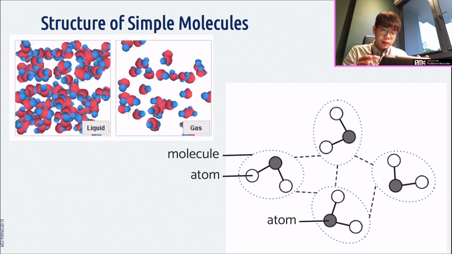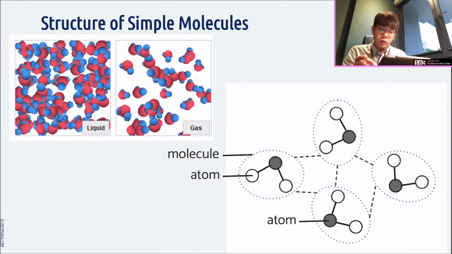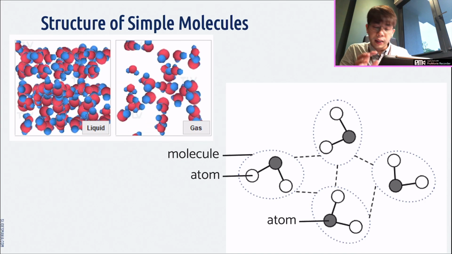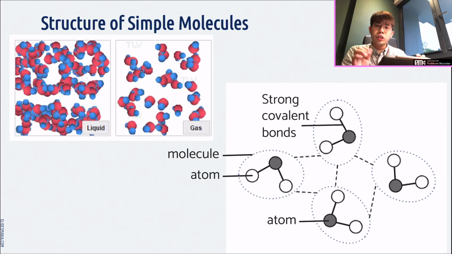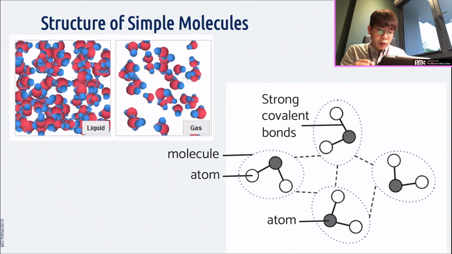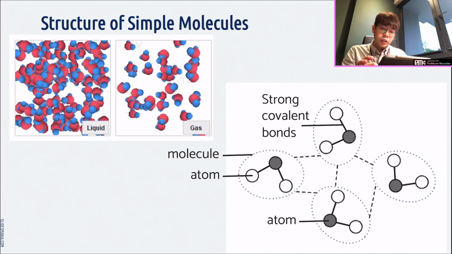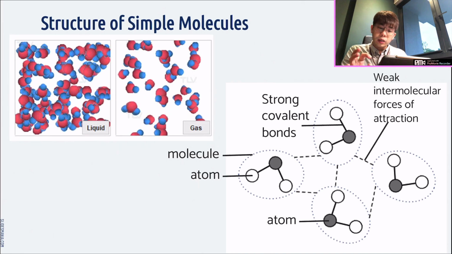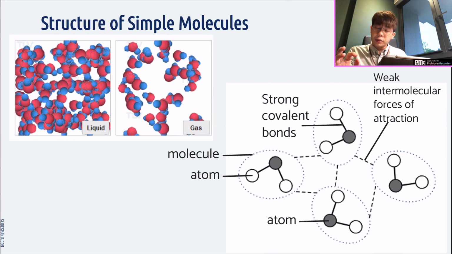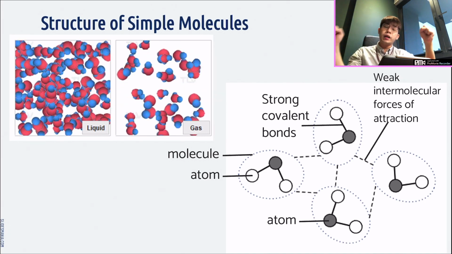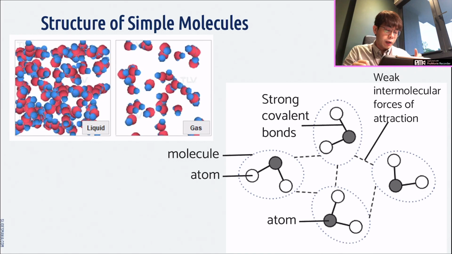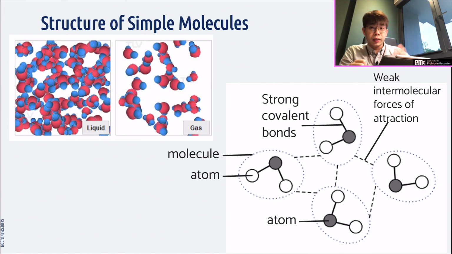You realize that 3 atoms together here make the molecule, and they are joined by this solid line. This solid line is actually the strong covalent bonds, the chemical bonds that don't break. And these molecules are joined by these dotted lines, which are the weak intermolecular forces of attraction, which can be easily overcome and pulled apart, like what you can see from the liquid state to the gas state.